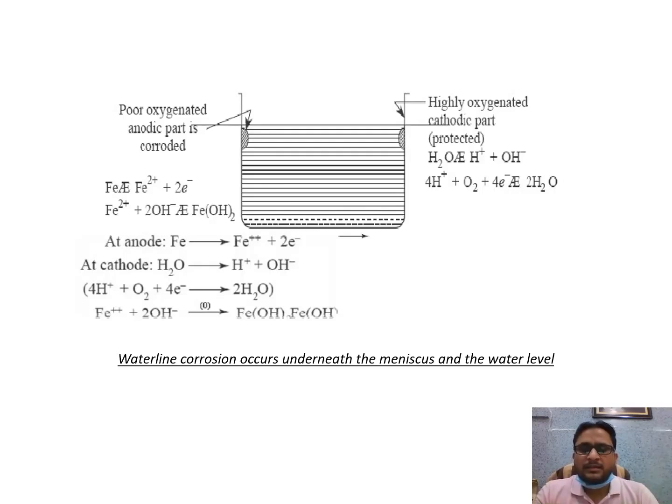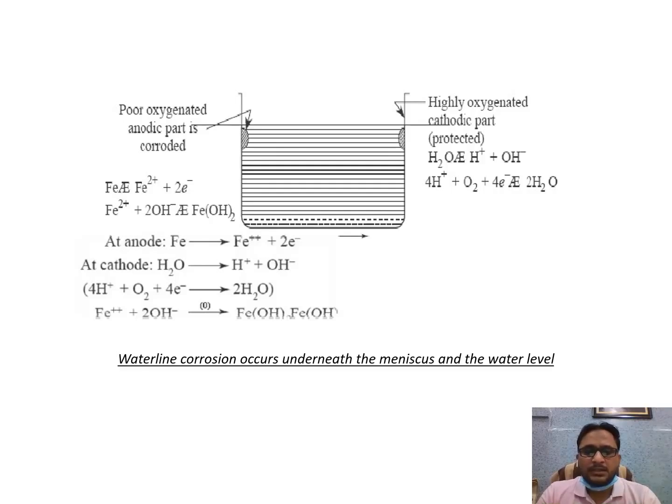experiences a pronounced or accelerated rate of corrosion due to poorly oxygenated areas, because immediately above this region in air there is an excess supply of oxygen, and immediately below this waterline we have a limited supply of oxygen. The metal present in this region will experience low oxygen supply.